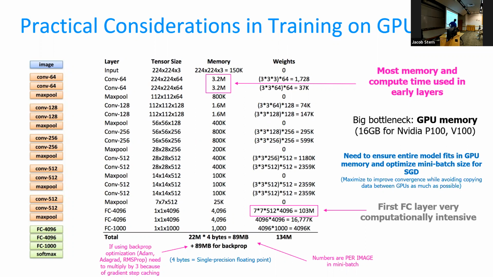So you can see that the most memory and compute time is used in the earliest layers, and this is because our activation map is still so big. And that's another justification, Travis, for shrinking that spatial dimension: as we shrink this, the activation size and our memory usage becomes really low. You can see it starts at about 3.2 million and gets down to about 25,000.